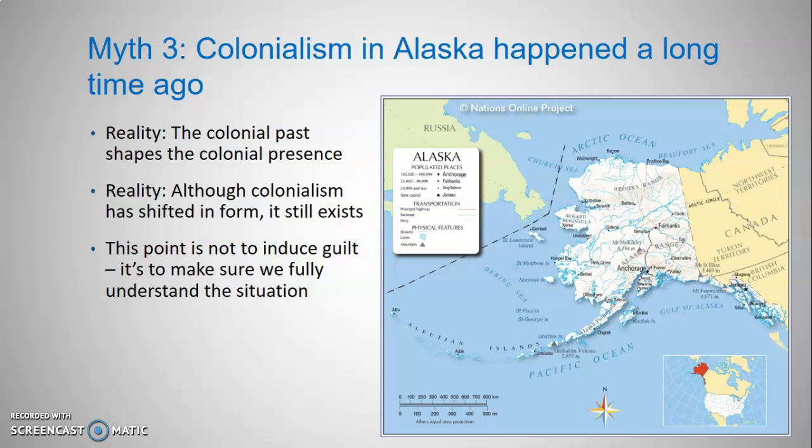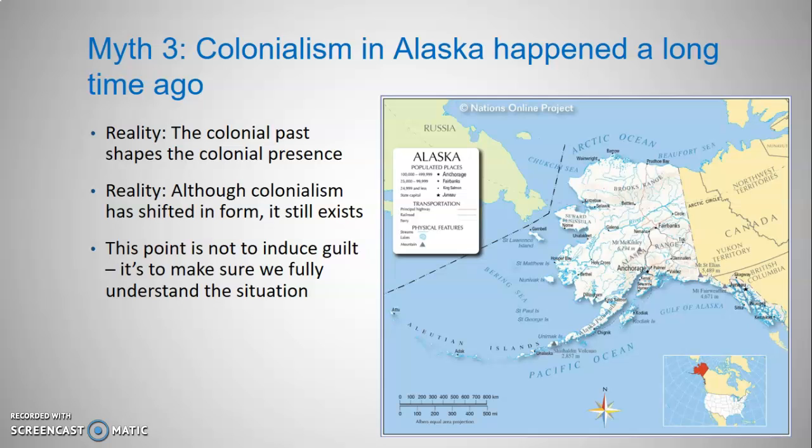It's not as if, just because the historic moving in of European and European American groups into Alaska happened in the 1700s and 1800s and 1900s, that in the 2000s we're not still engaged in a space that is colonial, right?